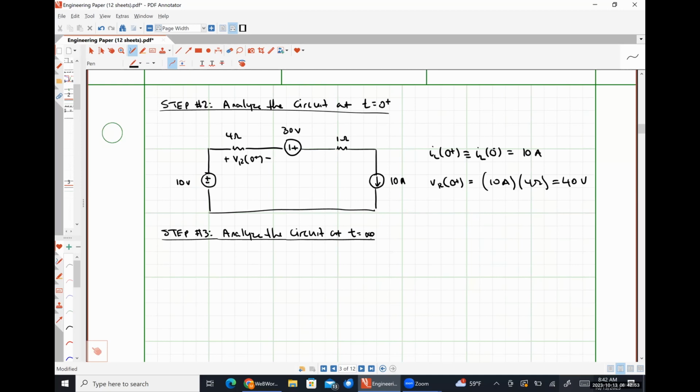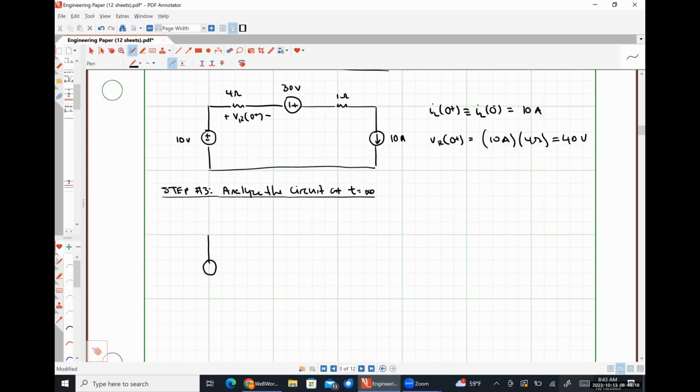I want to remind you that anytime we are at t is equal to infinity, we are once again at DC steady state, which means all of our inductors are going to look like short circuits. All of our capacitors are going to look like open circuits. So this is literally just going to be the exact same thing as step number 1, except the switch is in the opposite state.